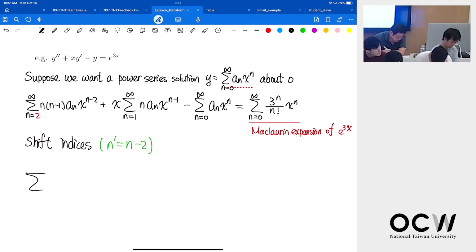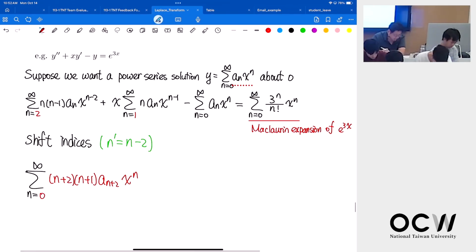So when you shift, that gives you n plus 2 times n plus 1 times a to the n plus 2 times x to the n, and your n is from 0 to infinity.